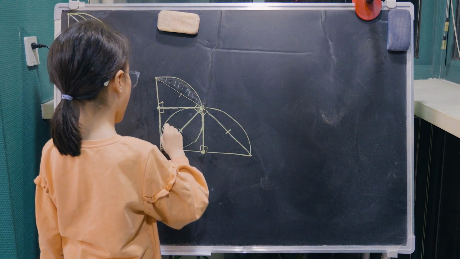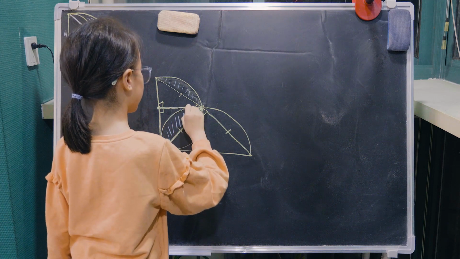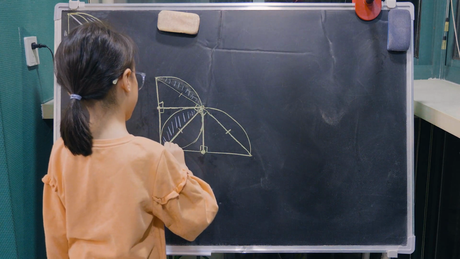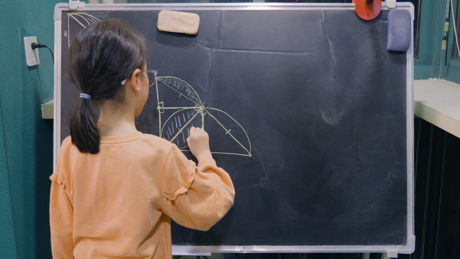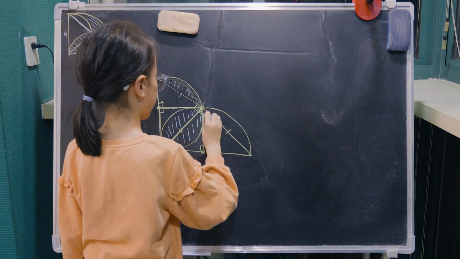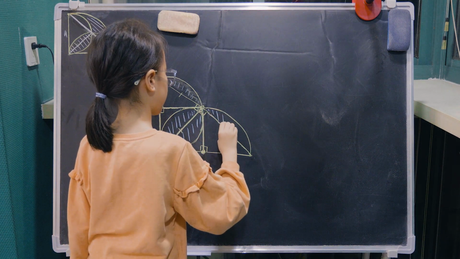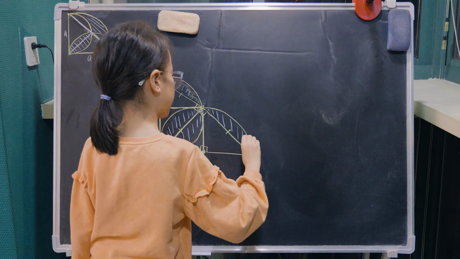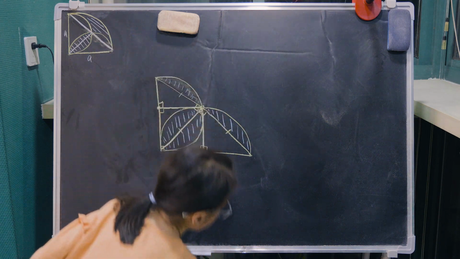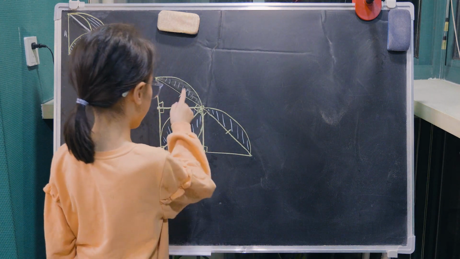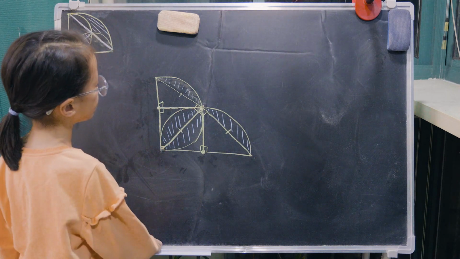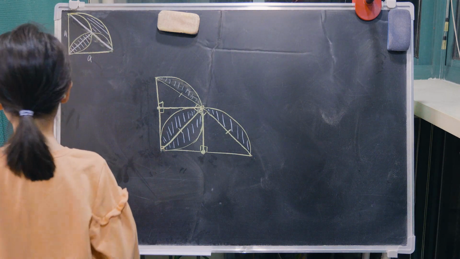The shadowed area and the shadowed sector that I draw is the blue color. They are the same, right? So that's very easy.